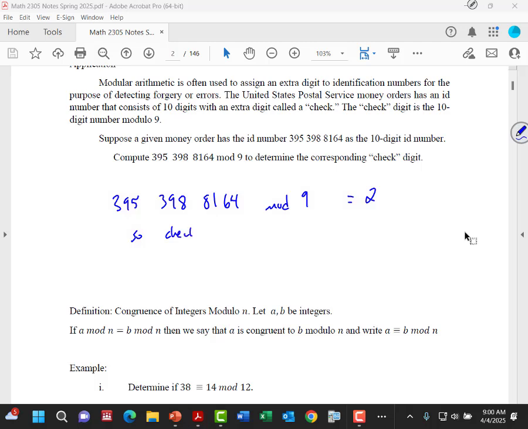So the check digit is 2. And so this number might be posted somewhere on the money order simply to be used as a reference or a check to validate the identification.